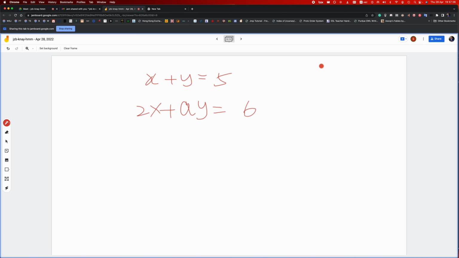Yeah. If I tell you x is equal to 1, y equals to 4, how do you find A? You fill it in. Yes. So you just put it in. Can you do it now? Do one more time so you know how to find A.